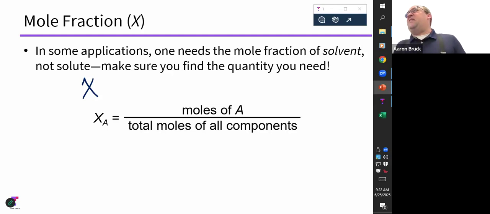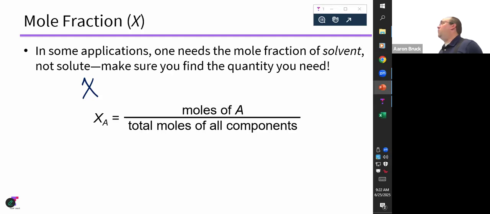So just be aware that if you see it and it looks kind of like a funny tilted X, that's why. But for mole fraction, it's a literal calculation of the number of moles of whatever it is that we're interested in, divided by the total moles of everything that's in the solution.